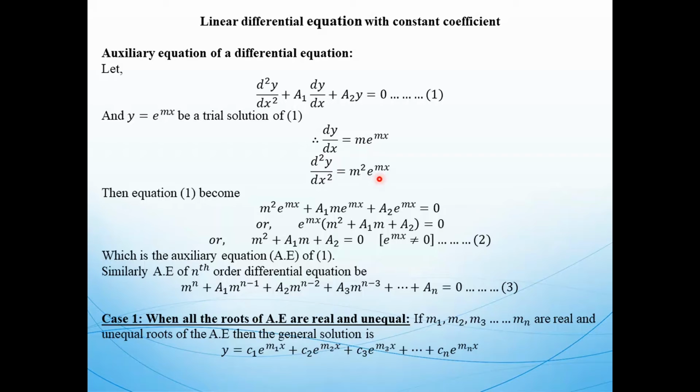Now put this value in equation 1, that gives m square e to the power mx plus a1 m e to the power mx plus a2 e to the power mx is equal to 0. Now take common e to the power mx, that gives e to the power mx into (m square plus a1 m plus a2) is equal to 0.